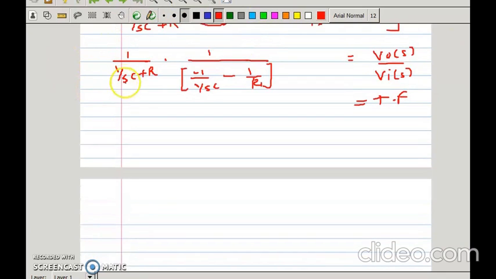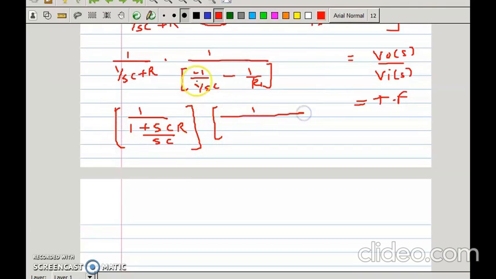Let's solve this. See, when we take cross multiplication, it becomes 1 plus SCR divided by SC, right? This is your first bracket. What about the second bracket? Second bracket, 1 upon SC, that means there is a minus SC minus 1 upon R1. Okay, so division of division becomes multiplication, right?